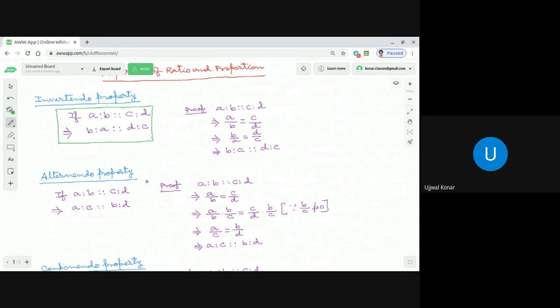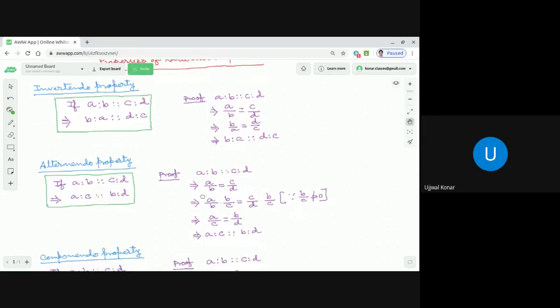The next property we learned is called the alternendo property. It says that if A is to B is equal to C is to D, then A is to C is equal to B is to D. That is called the alternendo property.